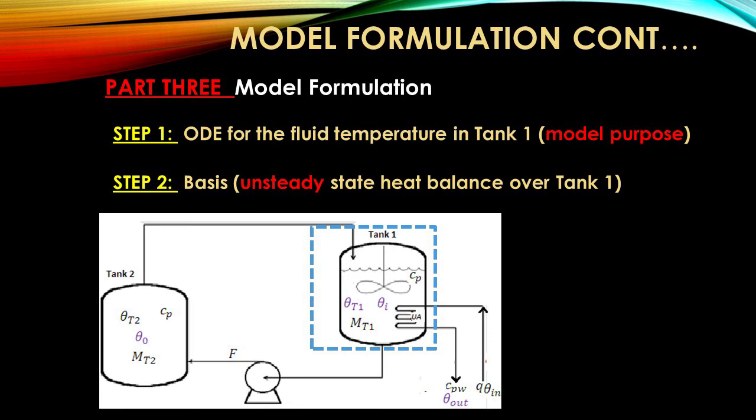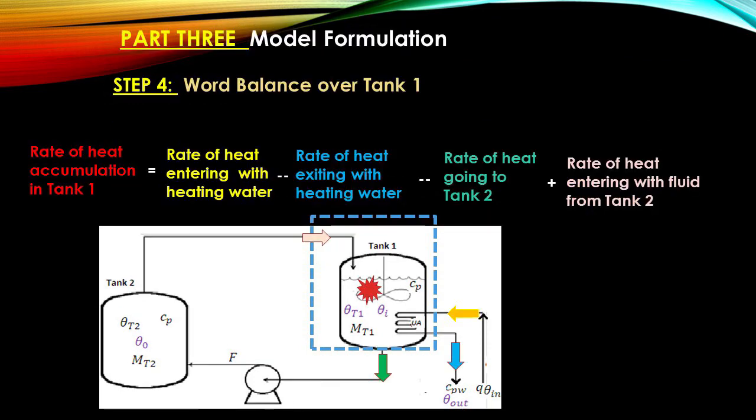And then you write a word balance. Okay? You write the word balance. So you say the rate of heat accumulated in this tank is equal to the rate of heat entering with the incoming water minus the rate of heat exiting with this water, plus the rate of heat going into this tank, and finally plus the rate of heat coming back to this tank.